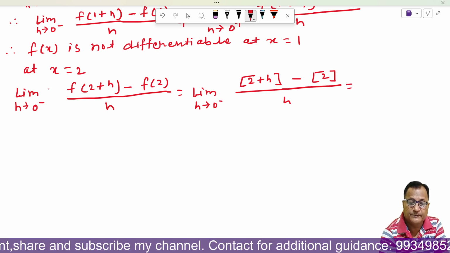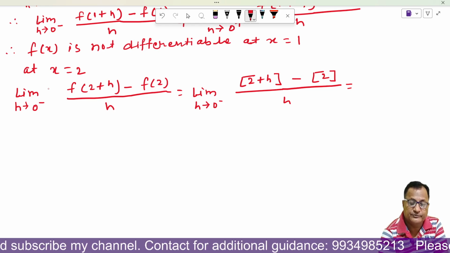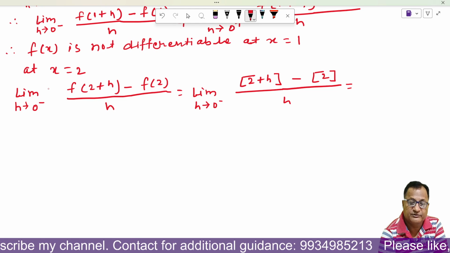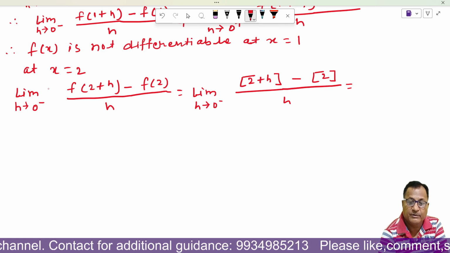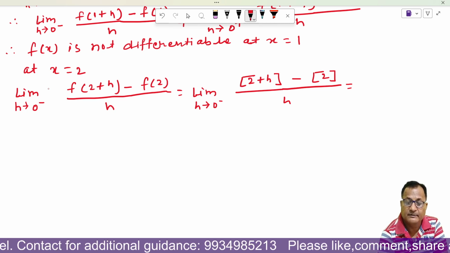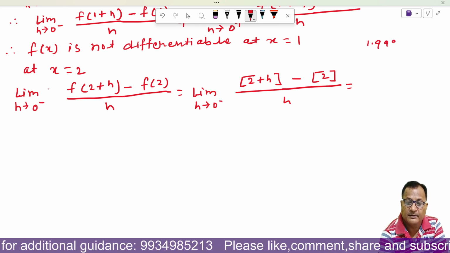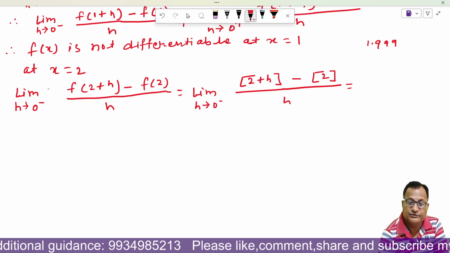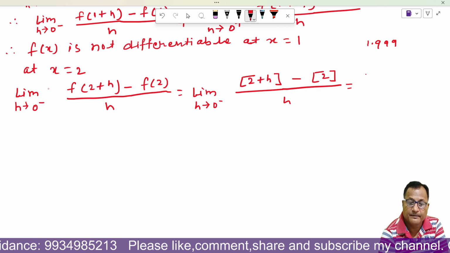Because h is less than 0, it will subtract from 2, so it will be like 1.999, and its greatest integer will be 1.